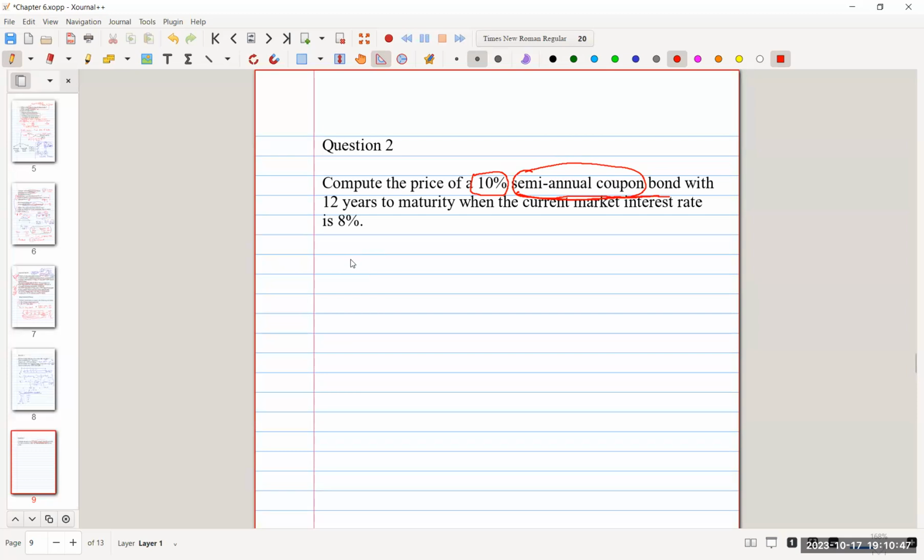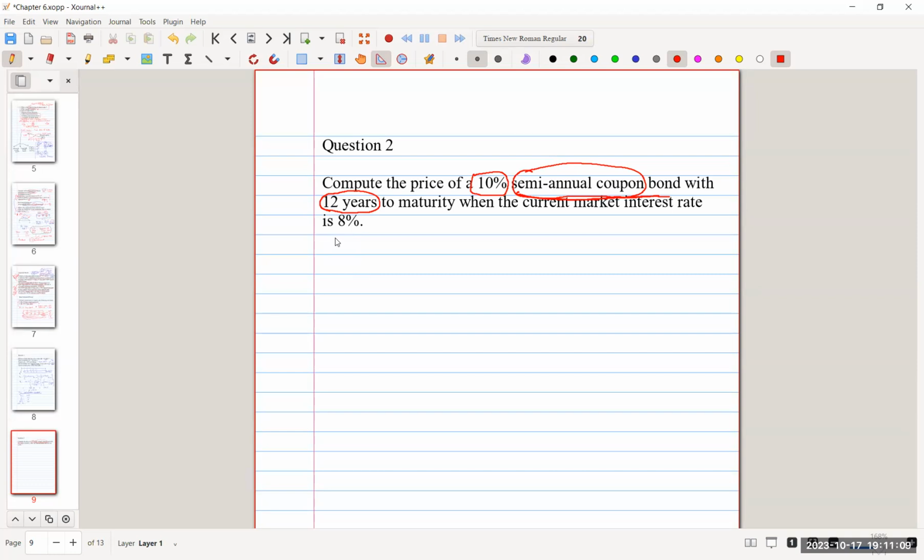So my question to you is, during these 12 years, how many 6 month periods do you see? One year has two 6 month periods.